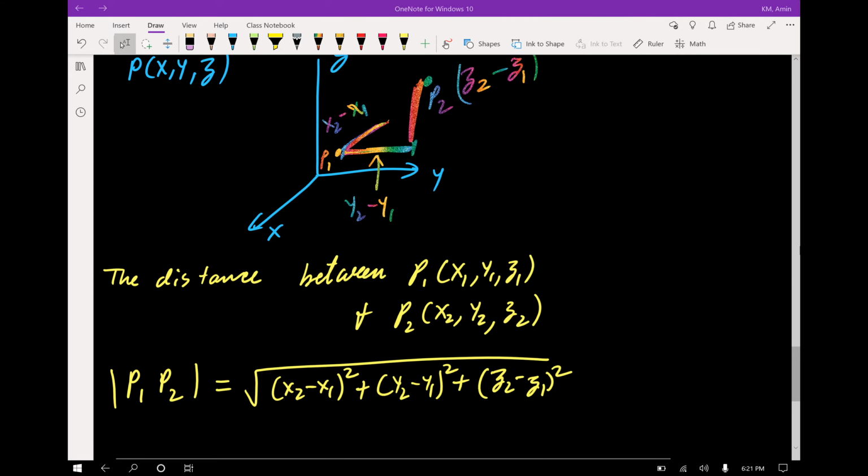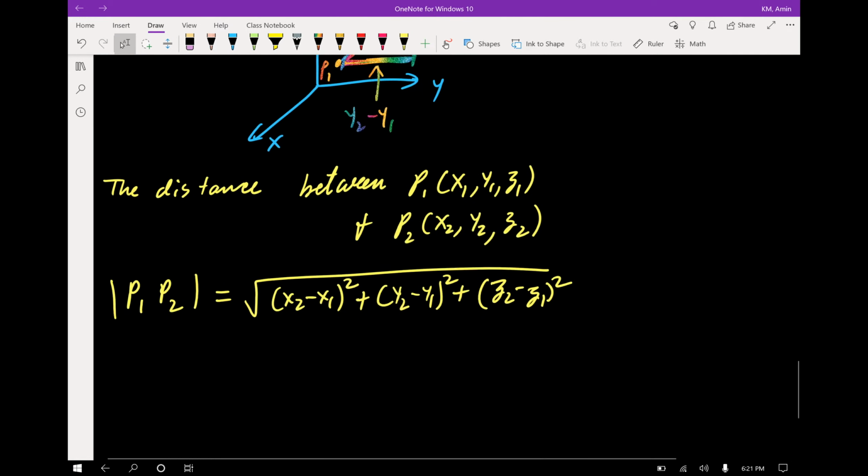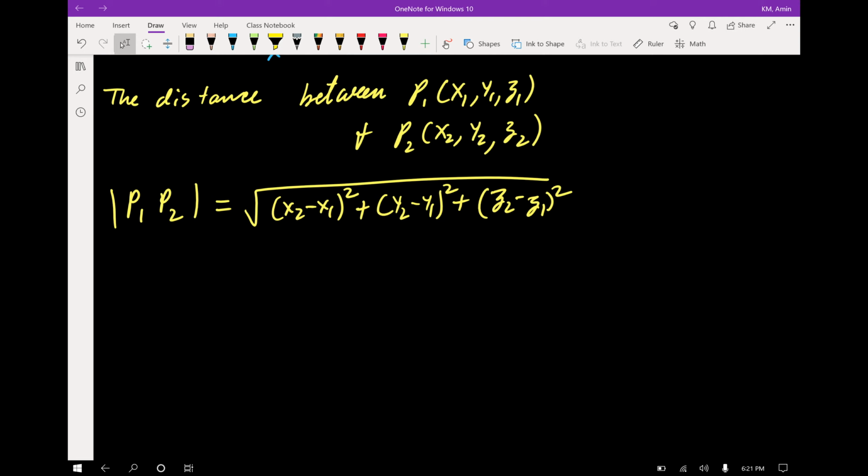All right. Now, from that, can you guys figure out what's the standard equation of a sphere?